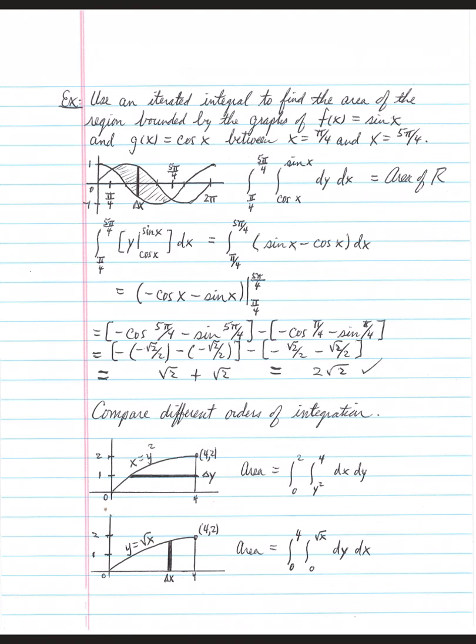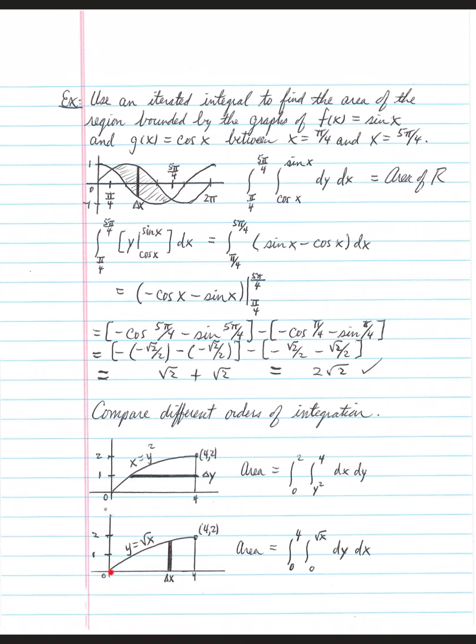Now let's look at comparing orders of integration. With vertically simple, I'm just going to take a function that we're used to seeing, square root of x. We're always used to seeing it y in terms of x. Y equals square root of x. Okay, so if we draw a vertical representative strip, then we're going to put dx on the outside.